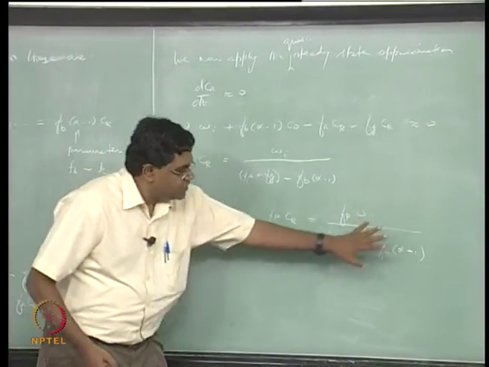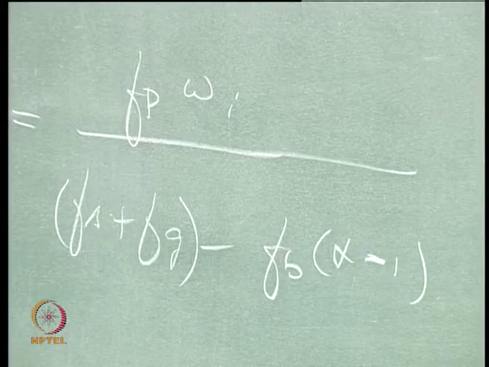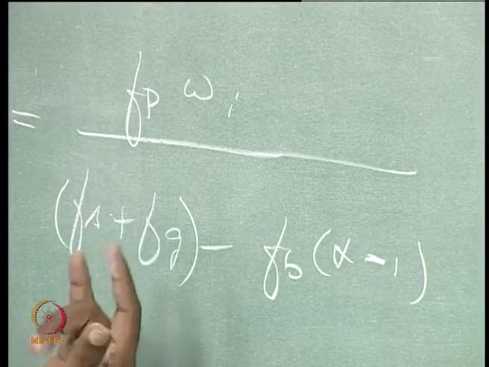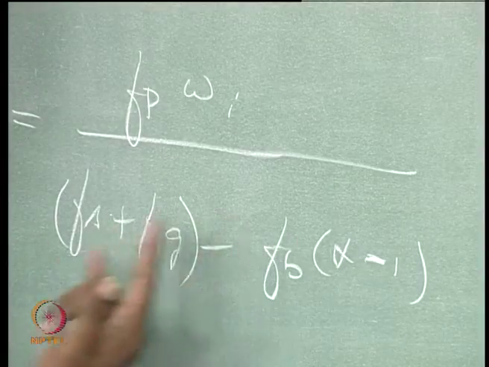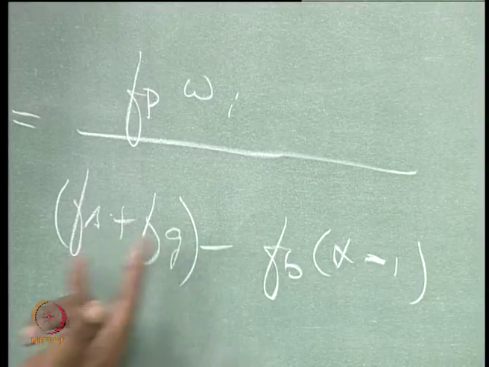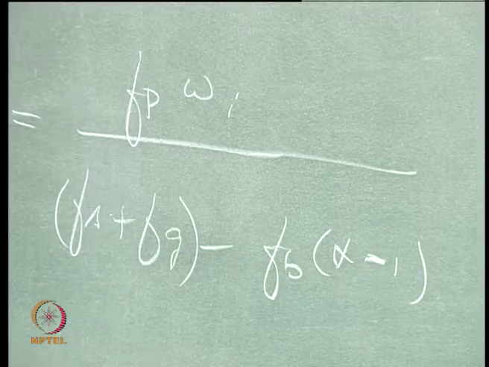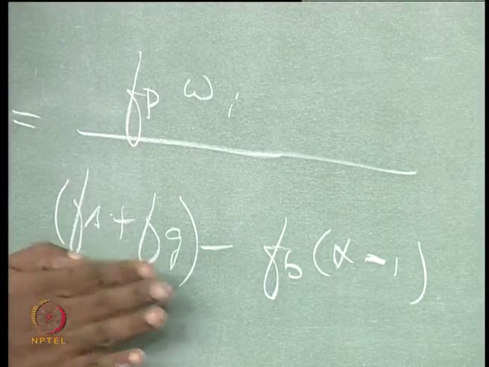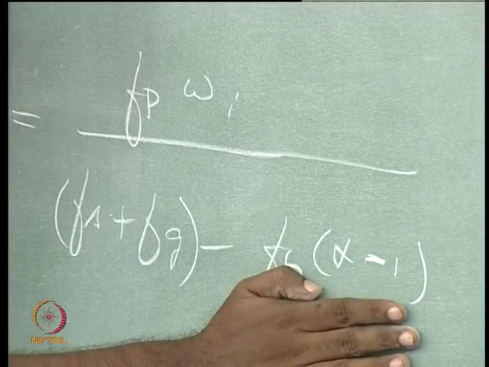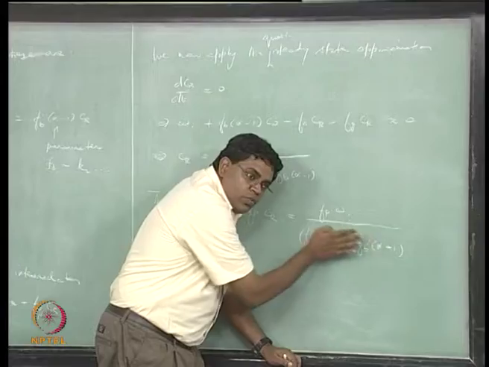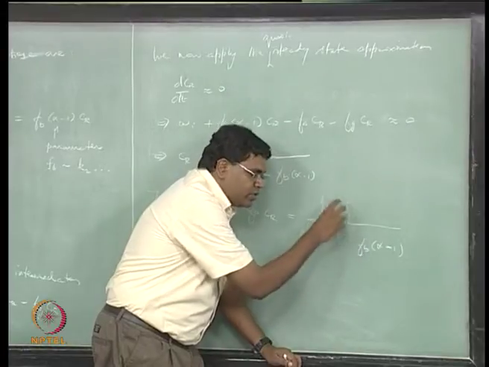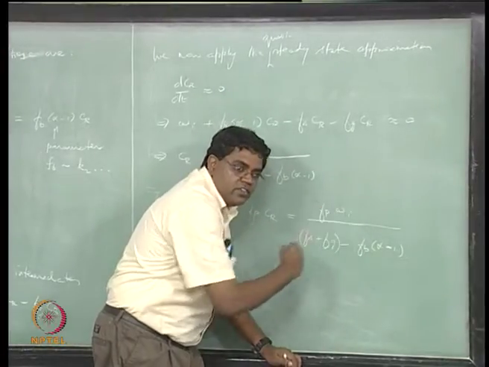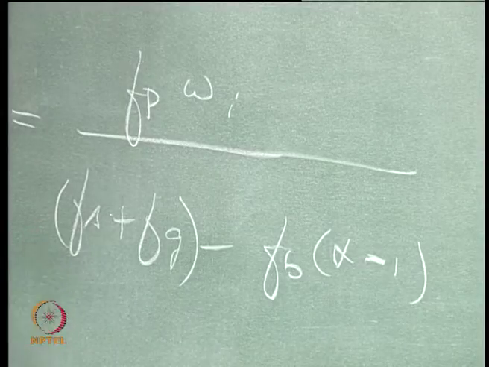This difference here is basically telling you the competition between termination and production, which is being compared with omega I, that is the initiation.